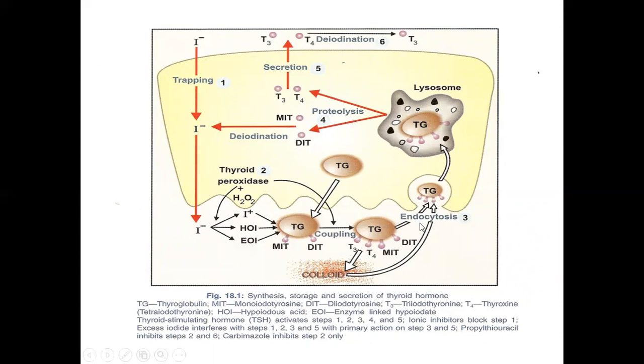In the third step, there is coupling. One MIT plus one DIT forms T3. One DIT plus one more DIT forms T4. DIT is diiodotyrosine and MIT is monoiodotyrosine.